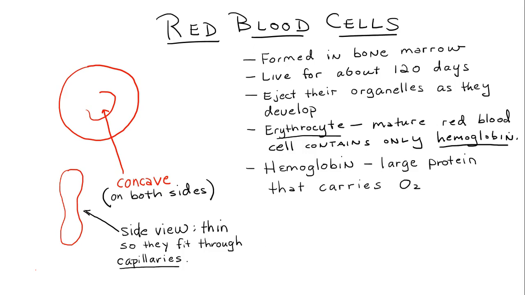And so red blood cells, the mature erythrocyte, can really be considered to be simply a package of hemoglobin whose purpose is to carry oxygen to the body tissues. Hemoglobin can also bind to carbon dioxide and is one of the ways that carbon dioxide leaves the blood or is carried to the lungs to be exhaled.